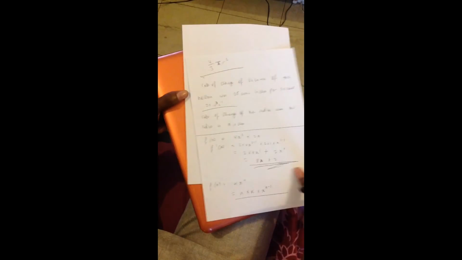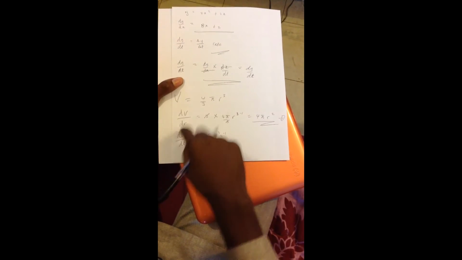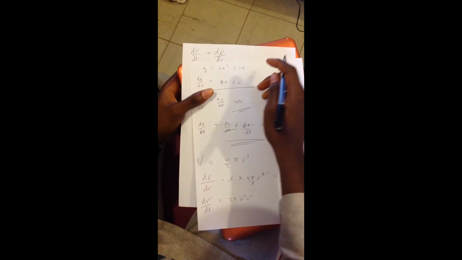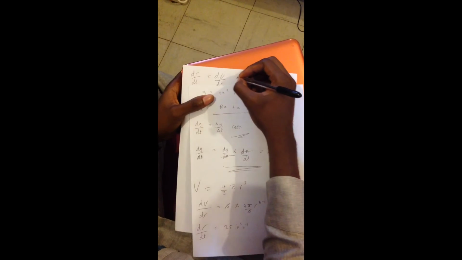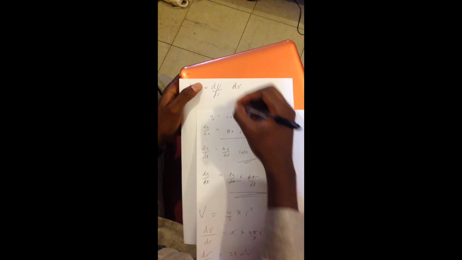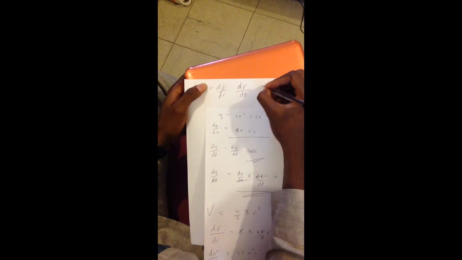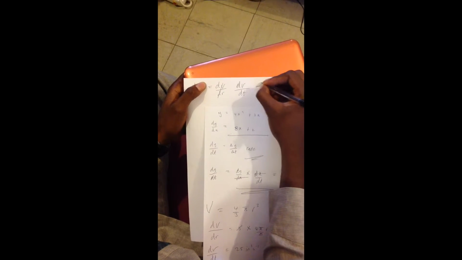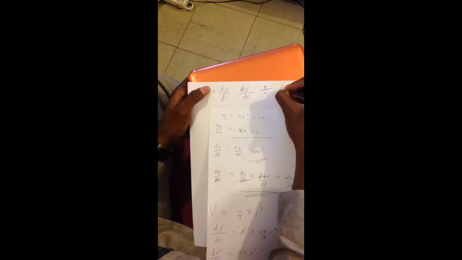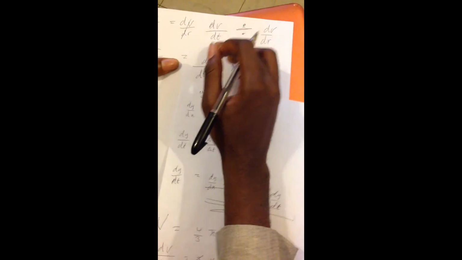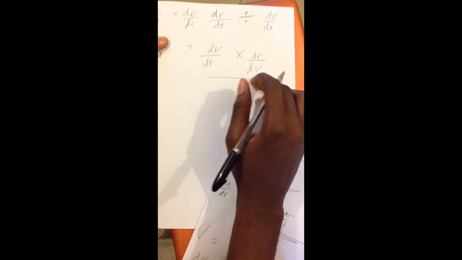Now, if we apply this rule, dV/dt divided by dV/dr, which is the rate at which the volume is changing with respect to time divided by the rate at which the volume is changing with respect to the radius, will eventually equate to dV/dt times dr/dV.